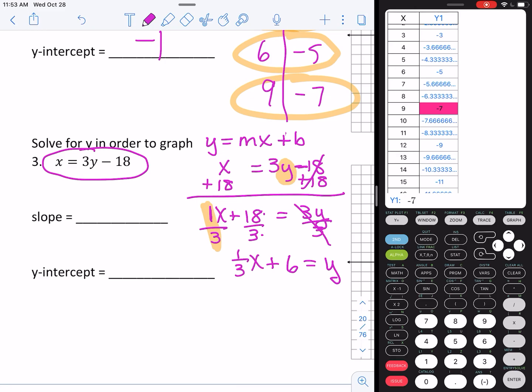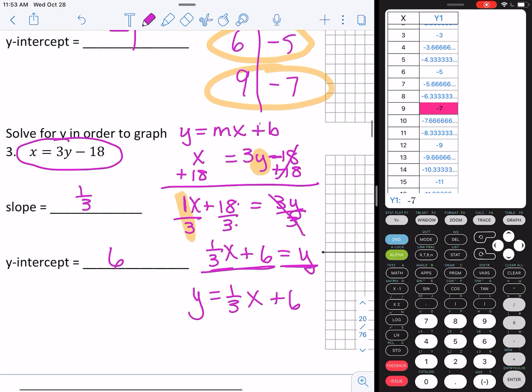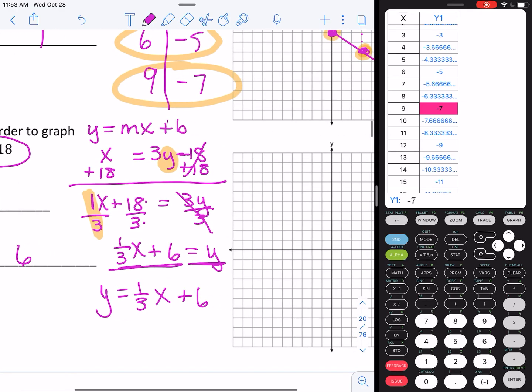All right, and then I'm just going to rewrite it with the y equals in front. So it says y equals 1/3 x plus 6. So now your slope is 1/3, your y-intercept is 6. So when we go to graph that, on the y-axis, we go up to 6. 1, 2, 3, 4, 5, 6.